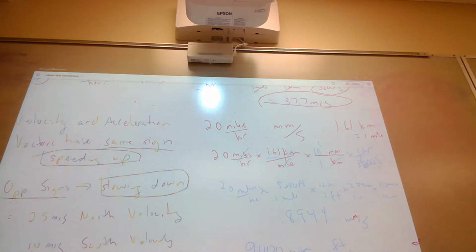This is like a big U, not an M. It's a micro. I know it looks like an M. Okay, so 10 to the 4 should be micrometers in a centimeter.